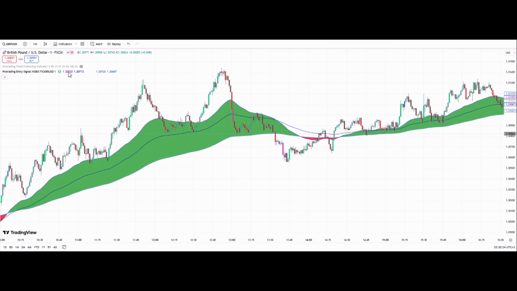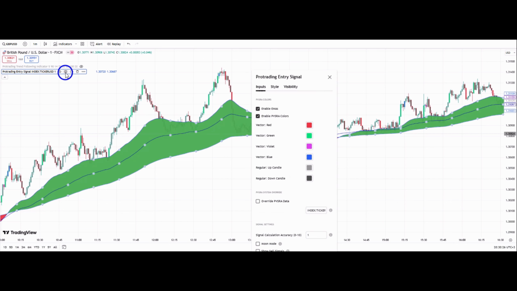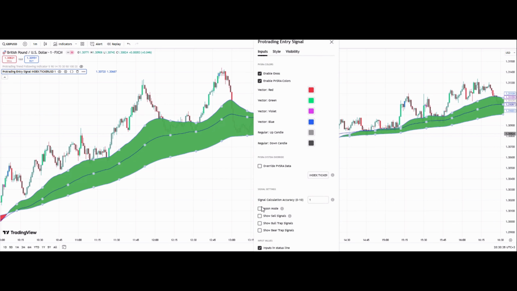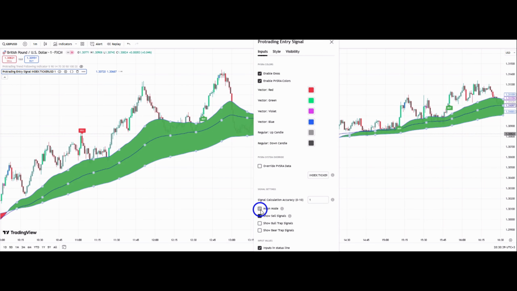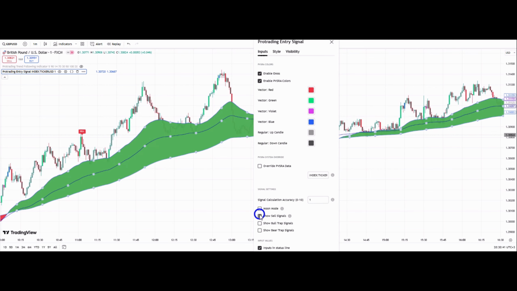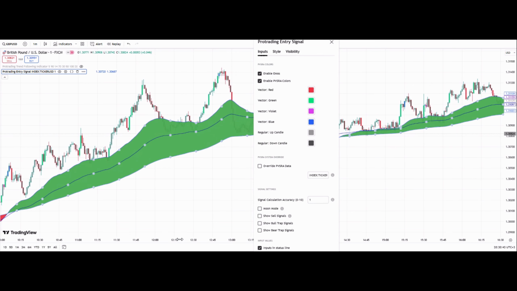This is the settings for the indicator. Once you add it to your chart, ensure that you deselect this and deselect the signal so that you can have a good clean chart, because we are not going to be using those on this strategy at this moment.